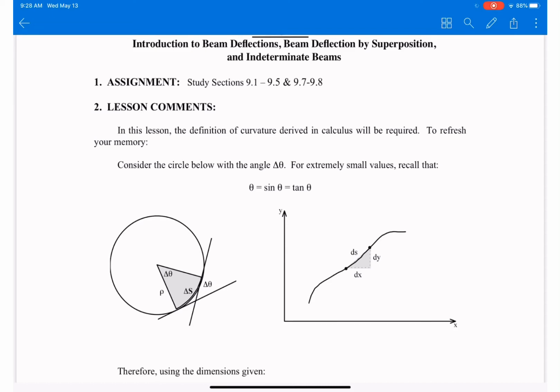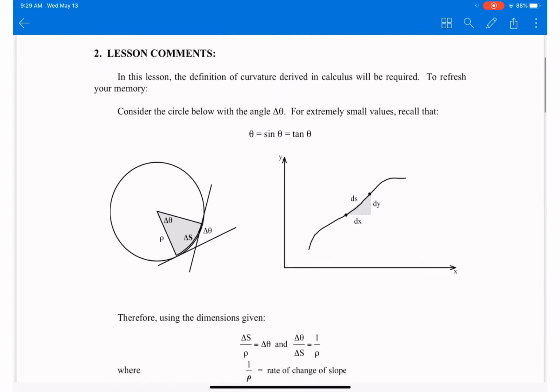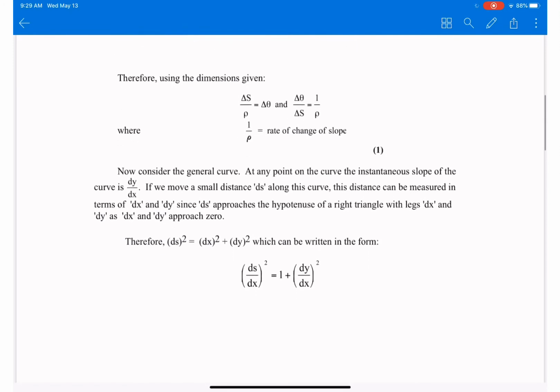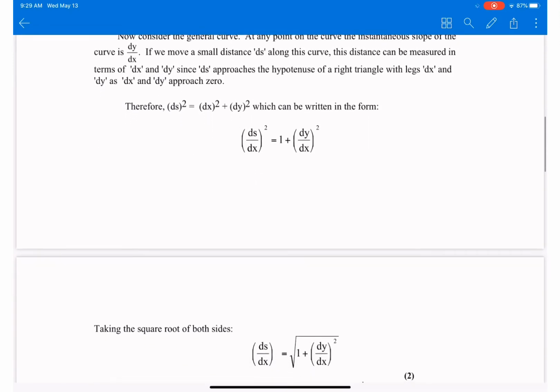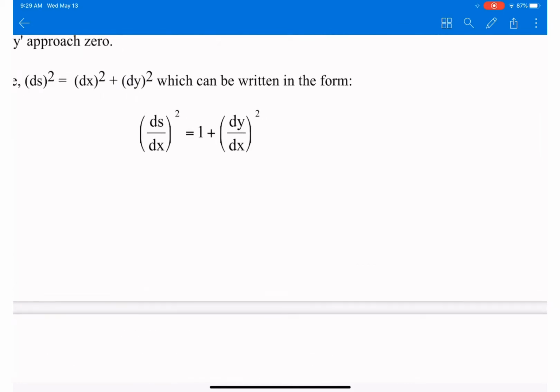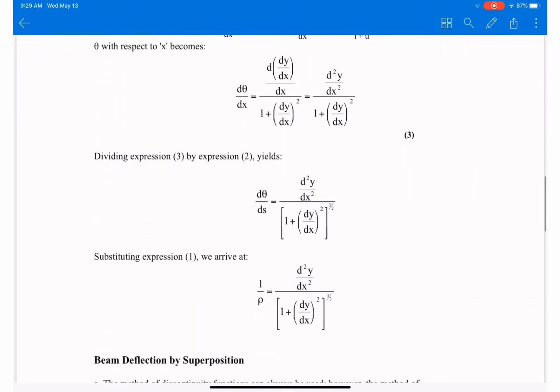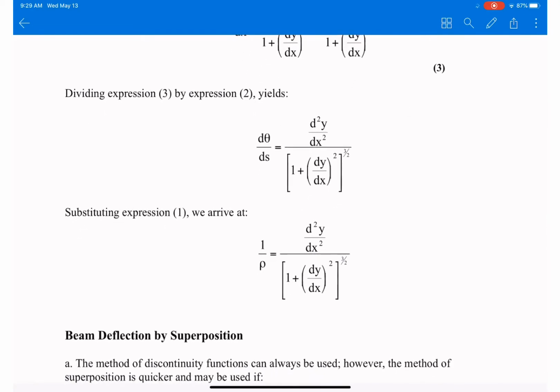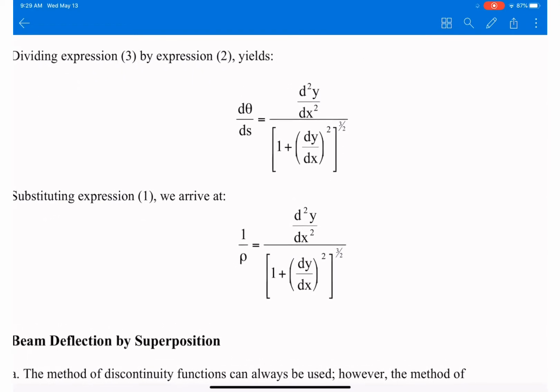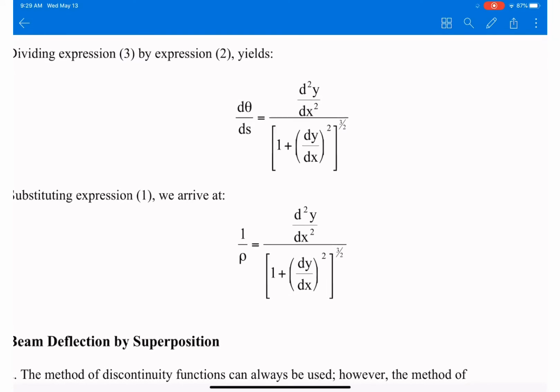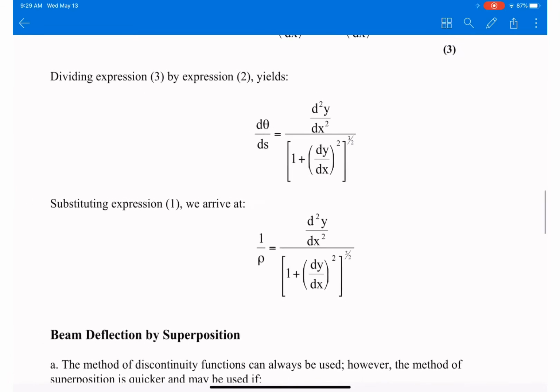In the study guide we give you a review of what we learned about curvature in calculus, with a lot of good information and equations derived from calculus. For example, this is one, and with that transformation at the end we have one over rho equal to the second derivative of y over dx, over 1 plus dy over dx squared, to the power 3 over 2, where rho in this case is the radius of curvature.